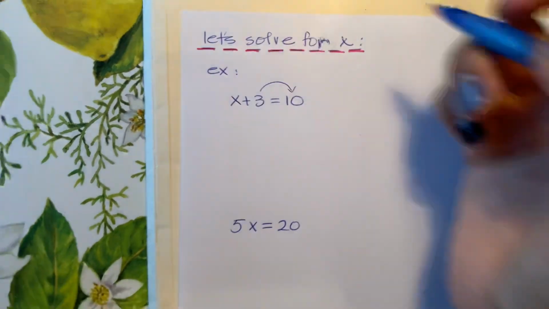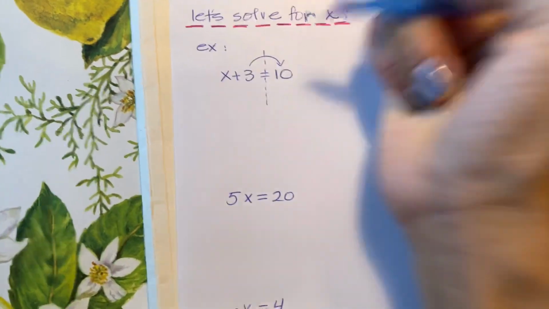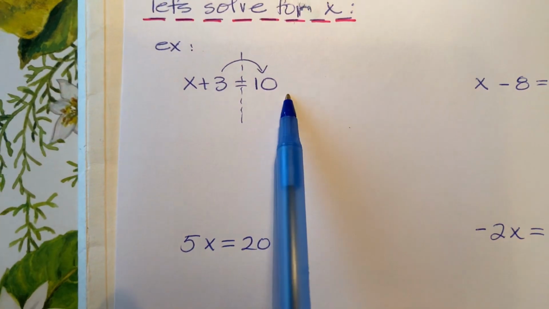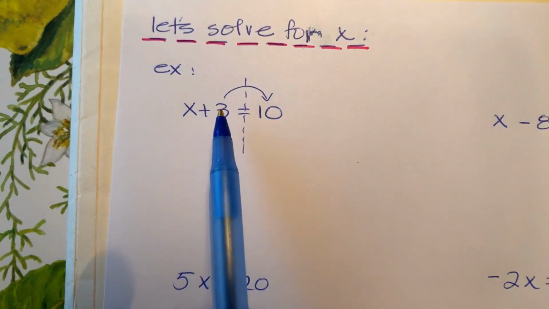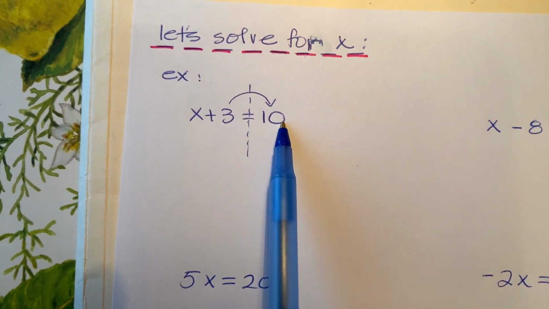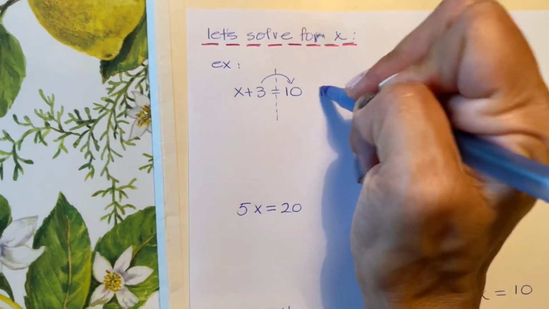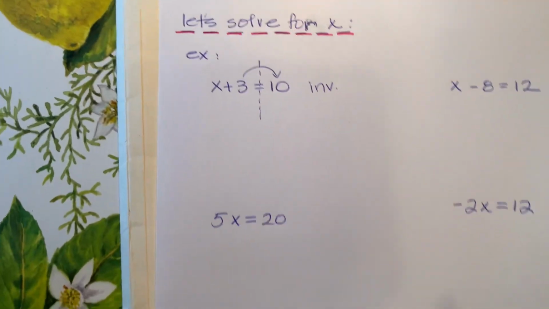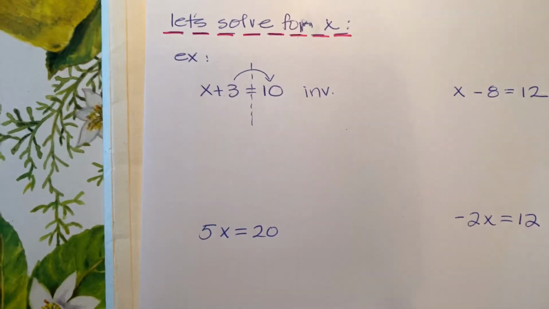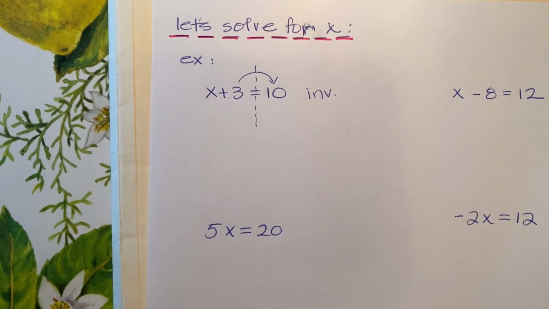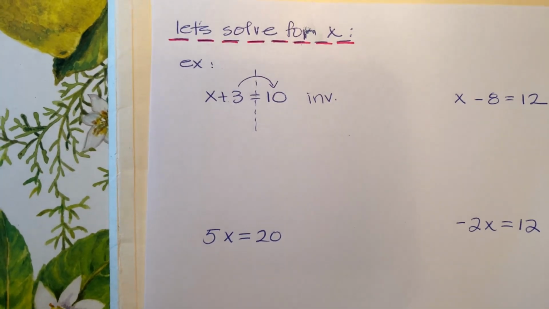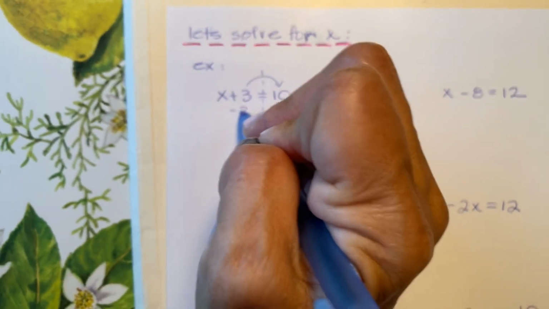So typically you just kind of make a dash and then you can see this is the right side, this is the left side. So this constant 3 needs to combine with this constant 10, but I'm going to inverse operate. So if this is positive 3 or addition 3, what's the opposite or the inverse operation of addition?